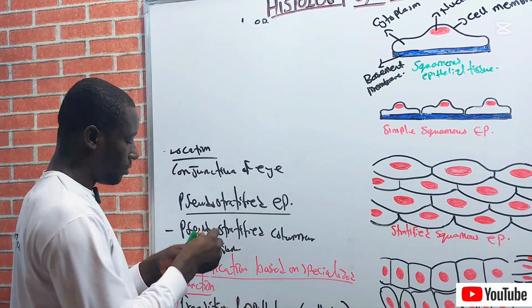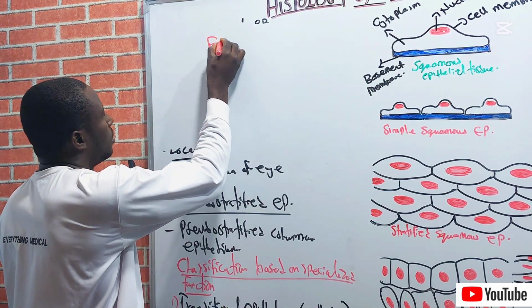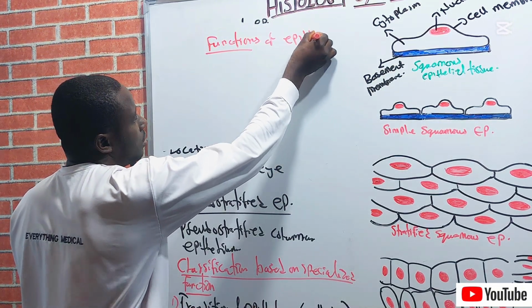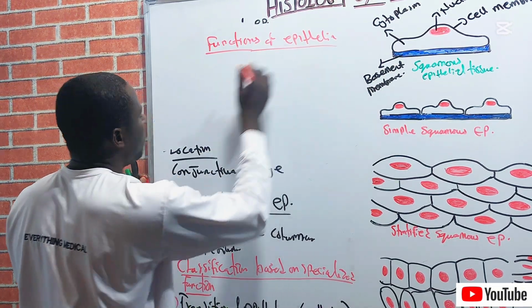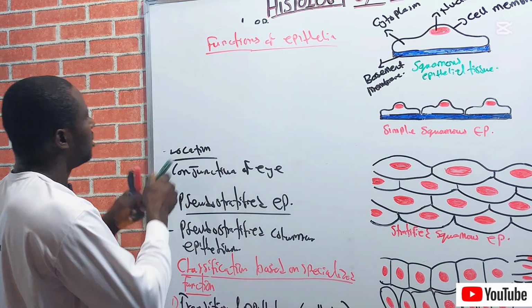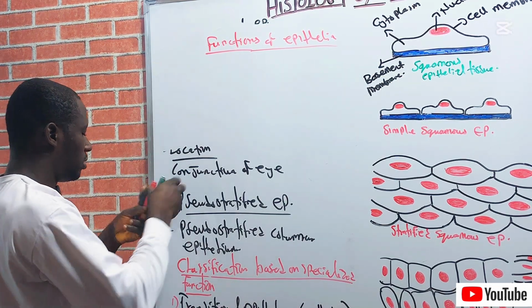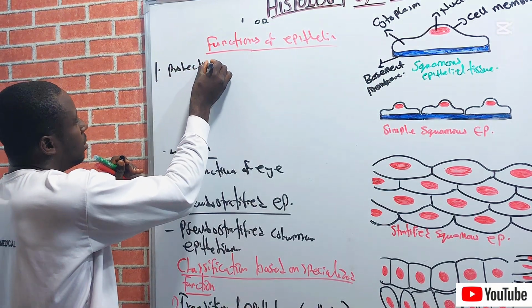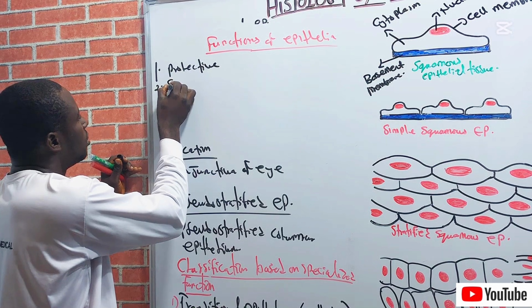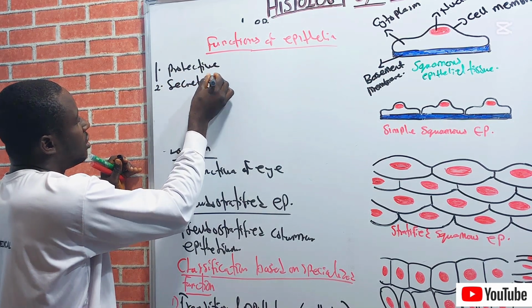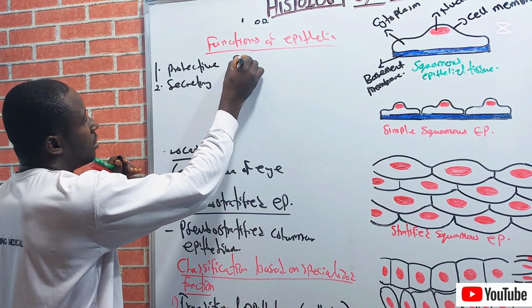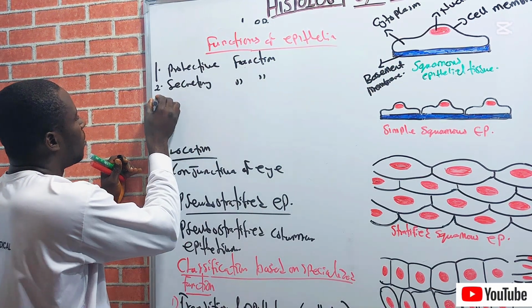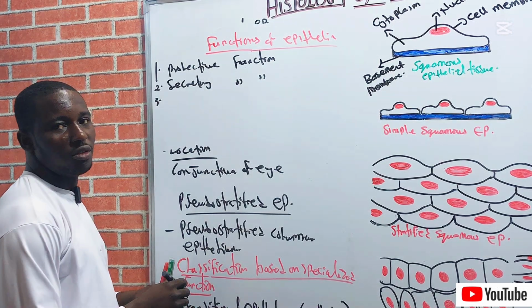Functions of epithelia. Number one function is protective function. Two, secretory function. Three is filtration function.